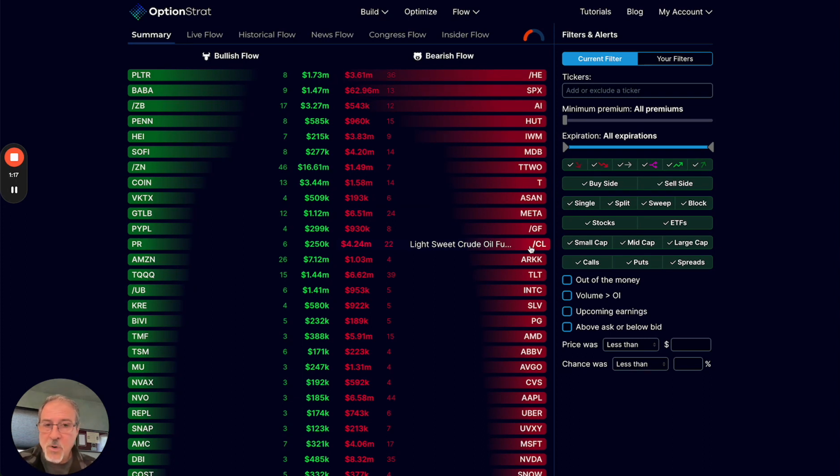These are the new futures products that are now included in optionstrat as well. So if you are a futures or commodity trader, you now have that information in here also. /ZB, which is the 30-year Treasury bond. So again, a lot of cool stuff in here, and this is updating information in real time.